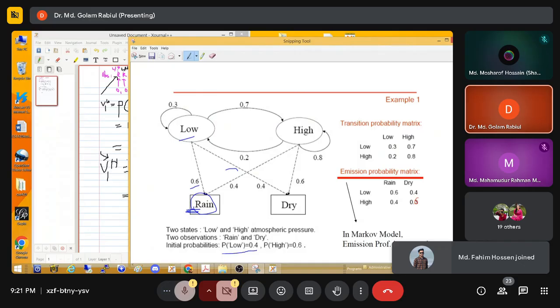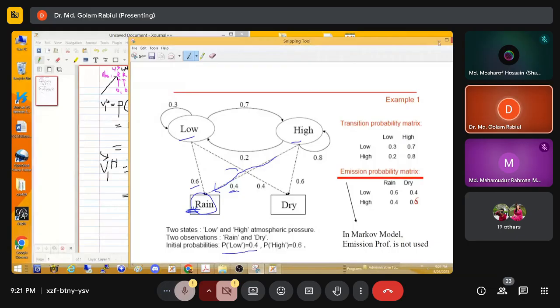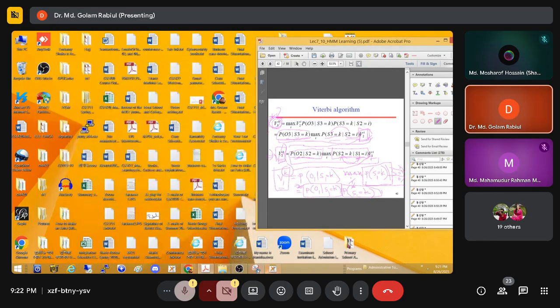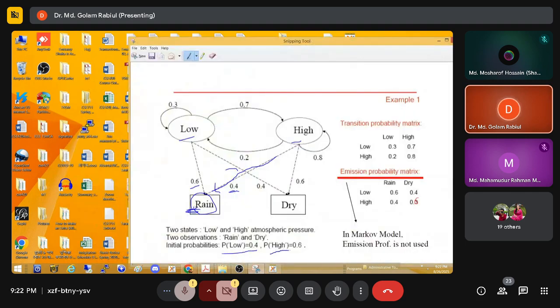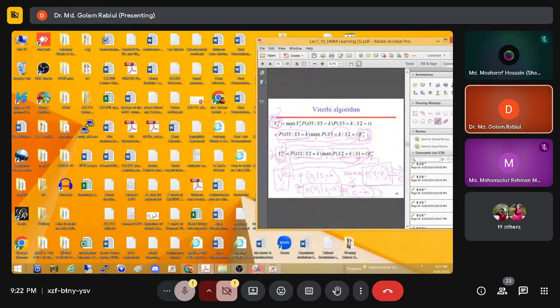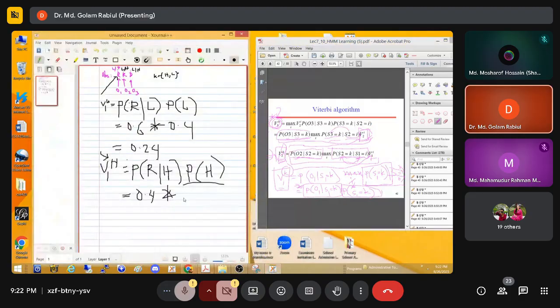Rain given high atmospheric pressure is 0.4, times the probability of high atmospheric pressure. The probability of high atmospheric pressure is 0.6. So then it will be 0.24 again.